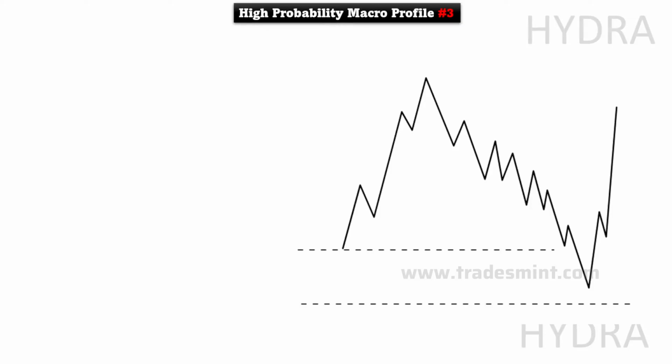Price will form this relative equal high and trend line liquidity before macros, and at macros price will clear out the relative equal high and trend line liquidity, right? I already showed you guys how price forms relative equal high and clears it out in our first macro profile. Now I'll be showing you when price generates trend line liquidity, how price clears it out. In this profile, we'll focus on trend line liquidity.